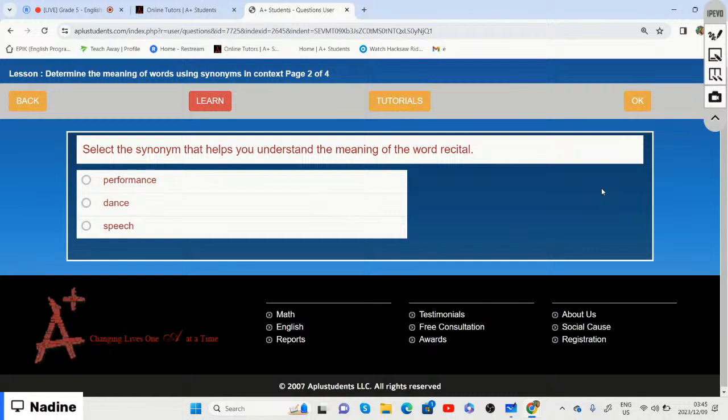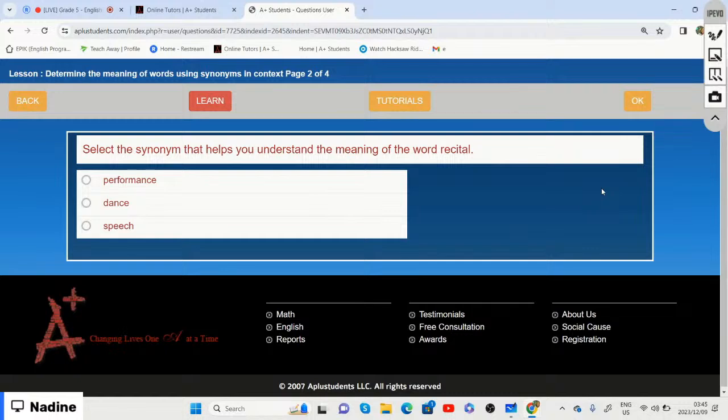All right, so if we look at the word recital, remember we said that a recital is where somebody is performing, it's a form of performance, right?